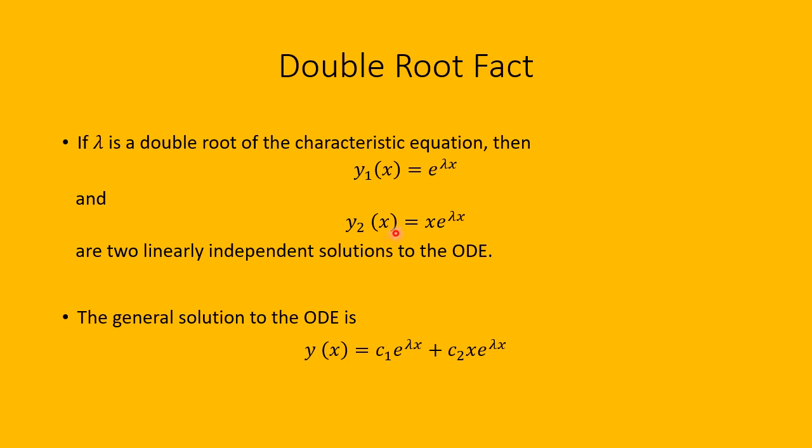And in that case, the general solution of the differential equation is a linear combination of these two. y of x equals c1 times e to the lambda x plus c2 times x times e to the lambda x. We will see how we can get this second term later.